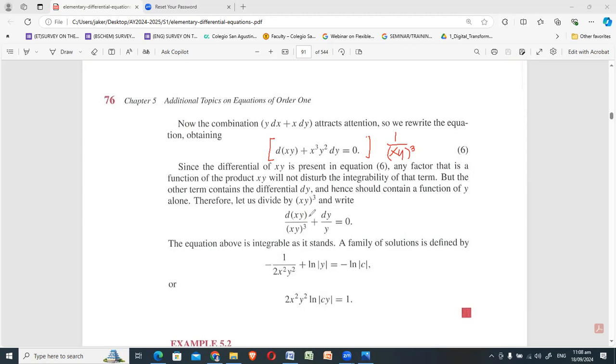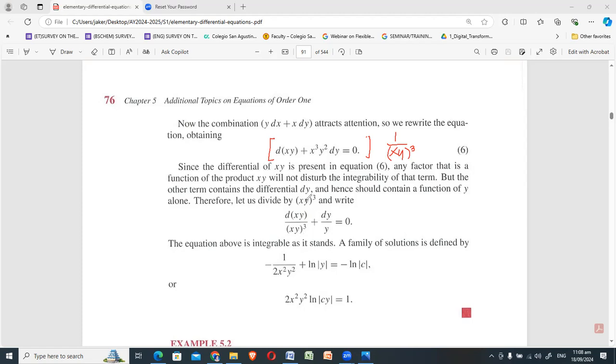The d of xy over xy raised to 3, plus this one will eliminate the y squared, but you introduce a y in the denominator. Will that be a problem for the dy here? Of course, the answer is a big no. This is still integrable because 1 over y is integrable when you integrate it with dy. That will give you an ln of y.